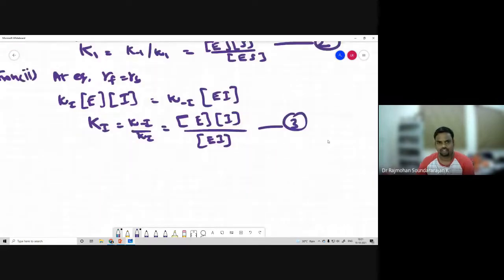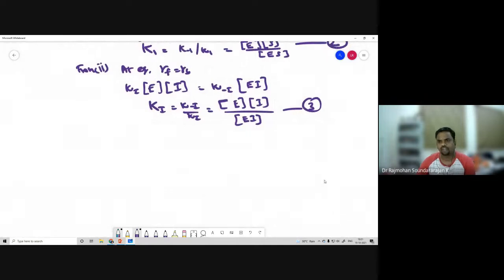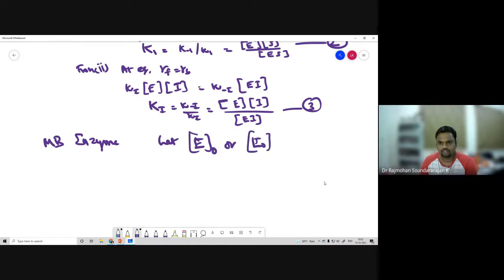Same as we have written. Now we have to write the enzyme balance equation, that is the material balance for the enzyme. Let E naught be the initial concentration of enzyme.